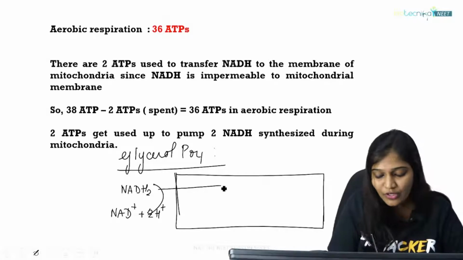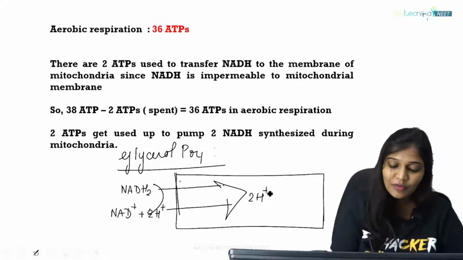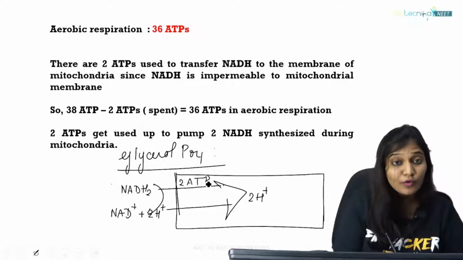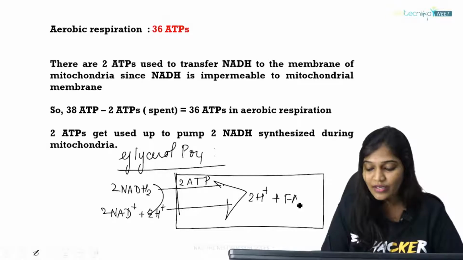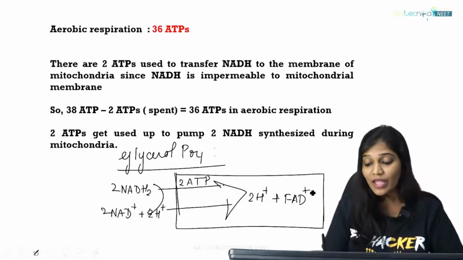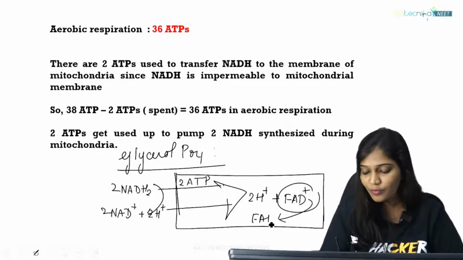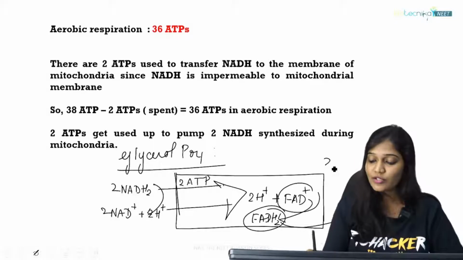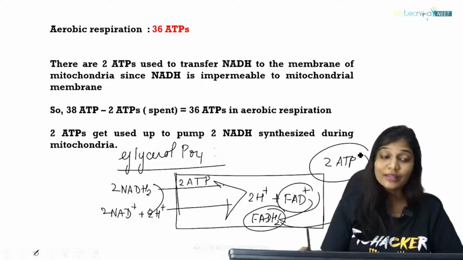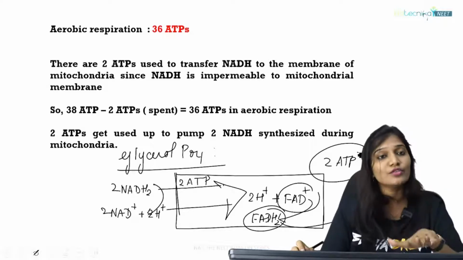Only the proton can go inside. We know 2 ATP has to be spent for 2 molecules of NADH. But here in the glycerol phosphate shuttle system, FADH2 is actually formed, and we know that FADH2 can produce only 2 molecules of ATP. So the previous shuttle system is more efficient than the glycerol phosphate shuttle system.